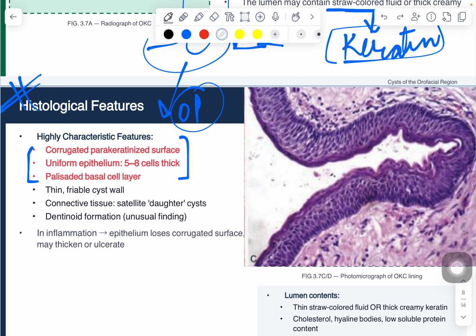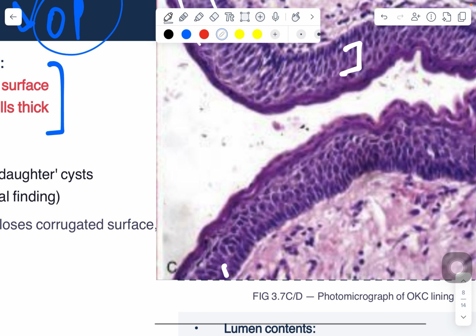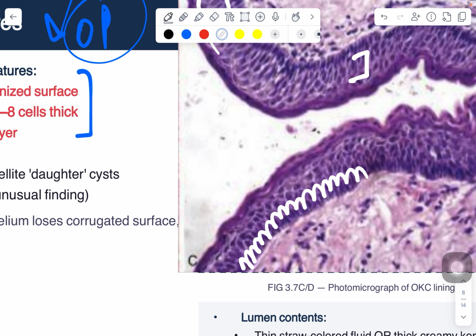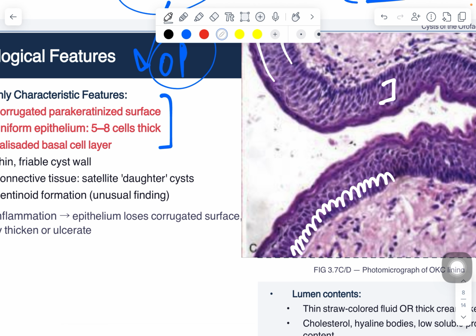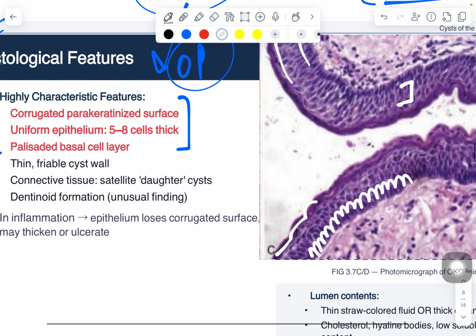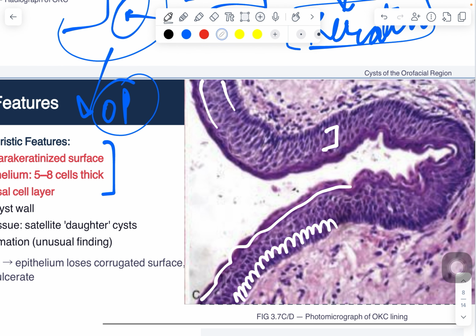So here this is the 5 to 8 cell thick uniform epithelium. And here you can see the corrugated parakeratinized layer. These are the parakeratinized cells. Done. And this is the palisaded basal cell layer that is present.